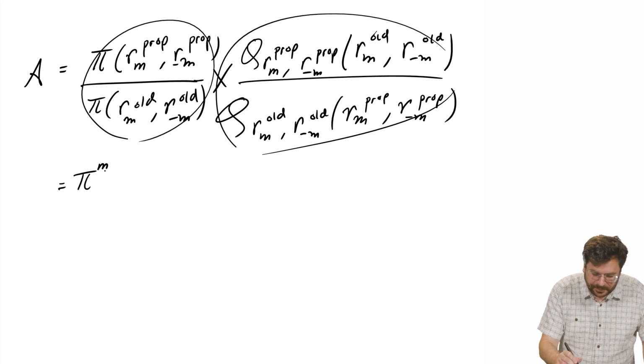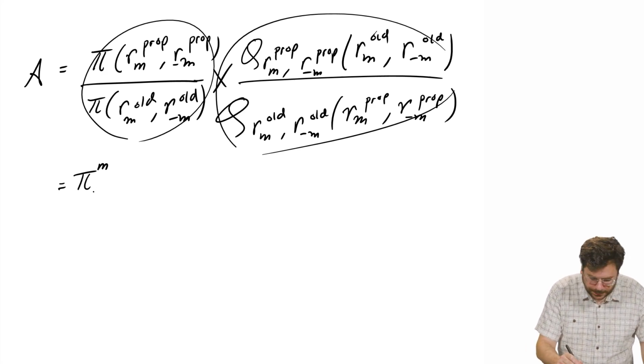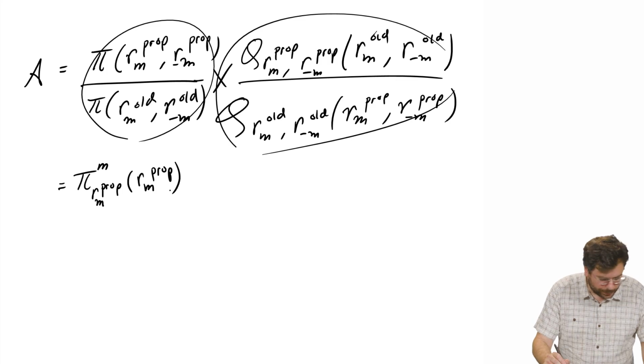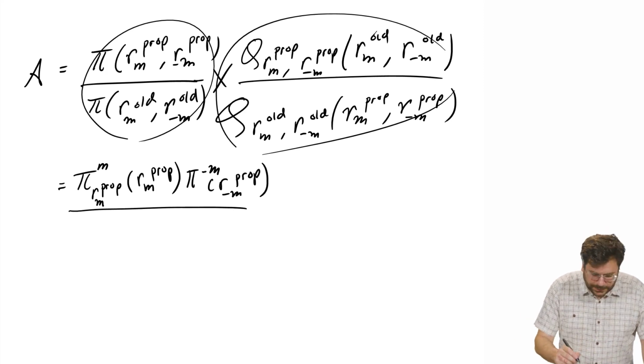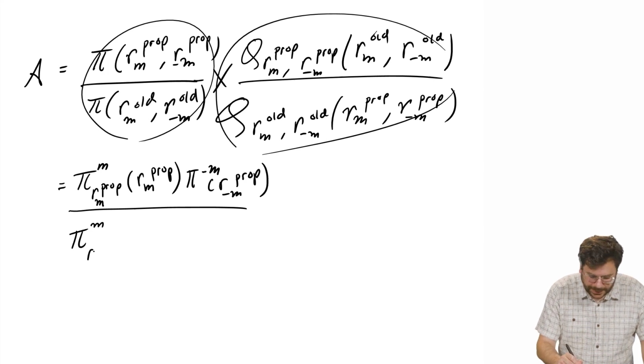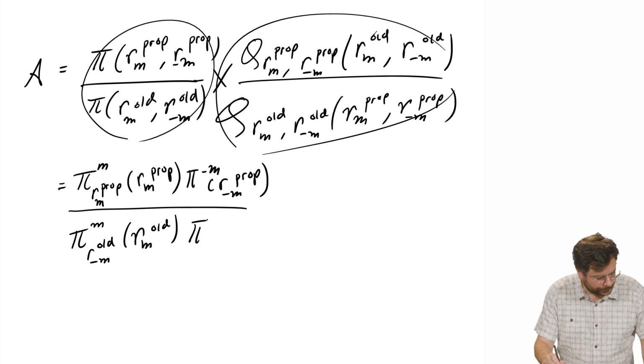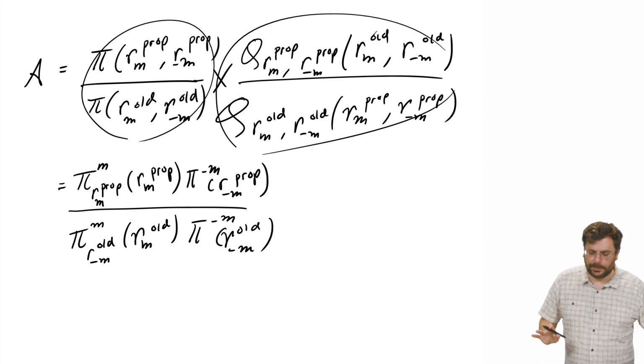So I have pi of R_m proposed, R_-m proposed, multiplied by pi of R_-m, R_-m proposed, divided by pi of R_m old, R_-m old, multiplied by pi of R_-m old. Okay, so let's just talk about what we've done.